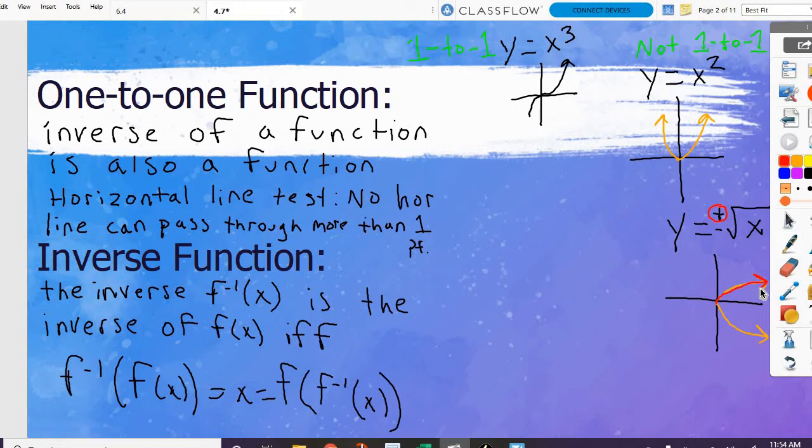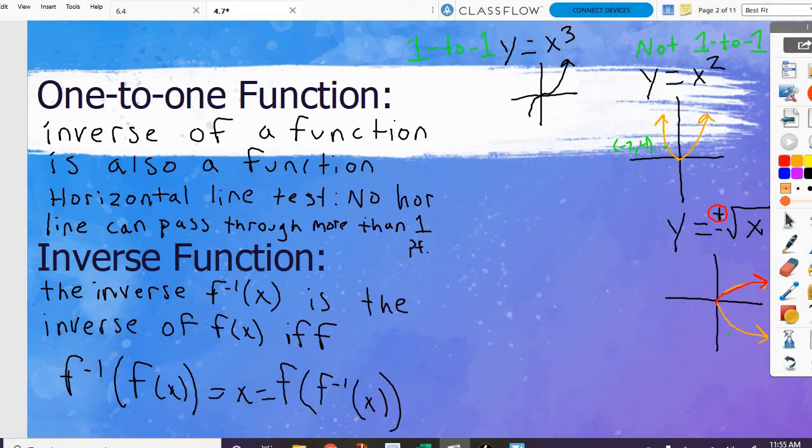Remember, say I just had a point, dealing with x squared, like negative 2, 4 on our graph. In order to find the inverse of that, I would have to flip that, agreed? Which means that 4, negative 2 would have to be on my inverse graph. So I know that the stuff on the left side would give me the bottom portion of this.